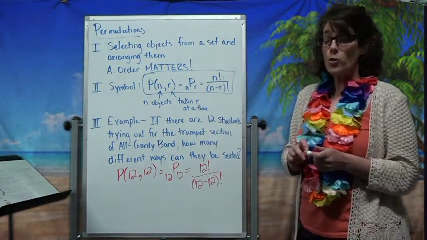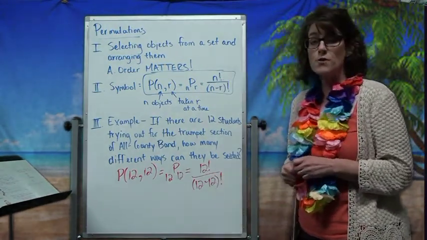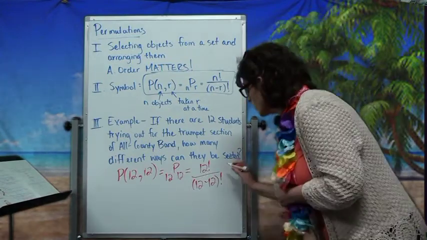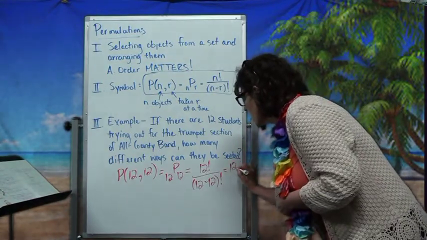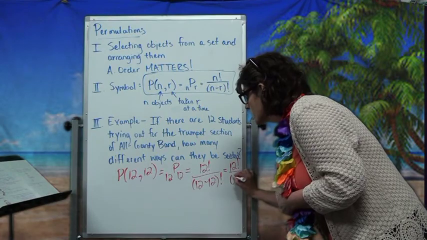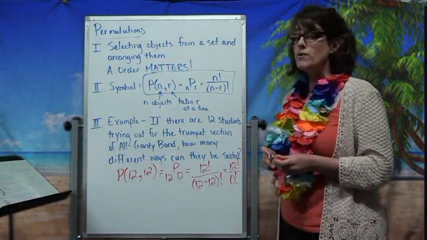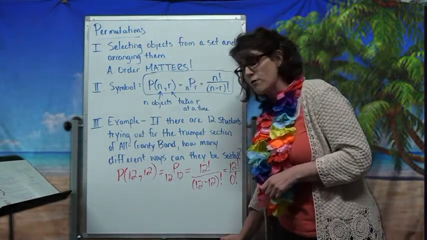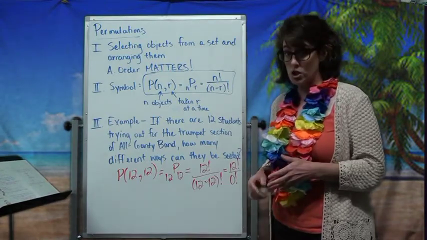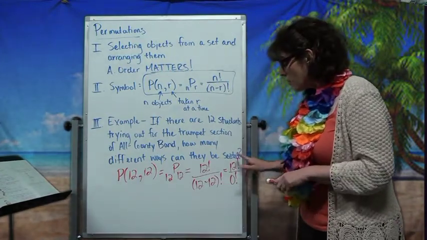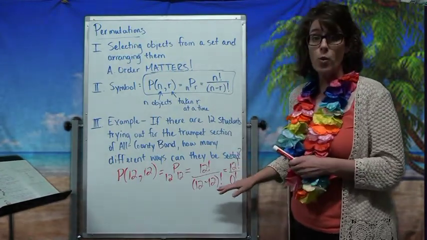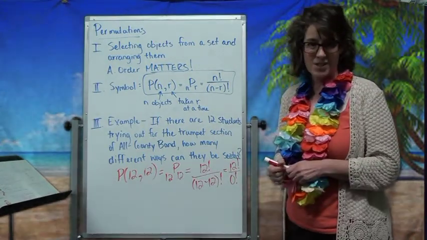Now, you know that order of operations says do what's in that parentheses first. 12 minus 12 is 0, so what this really indicates is 12 factorial over 0 factorial. Now, we've talked before about what 0 factorial means. 0 factorial is just a 1. So really what I have is 12 factorial over 1. I don't need to show ones that are in the denominator.